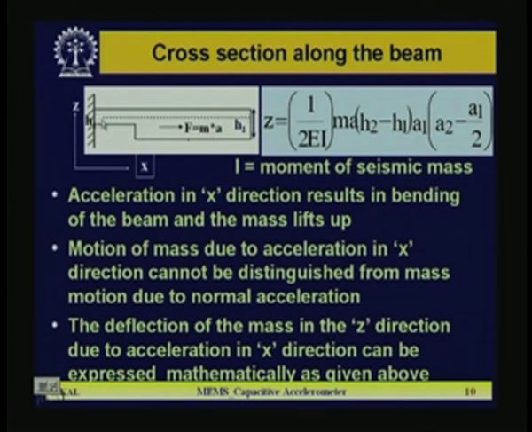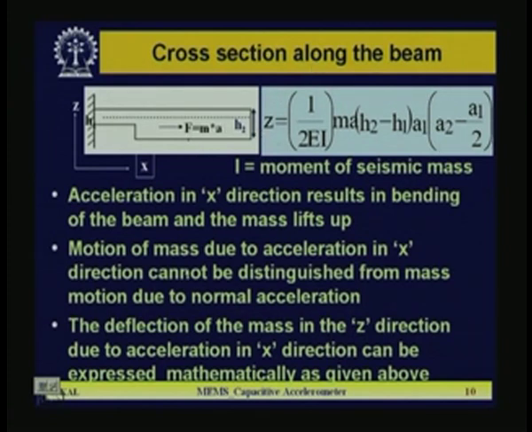H1 is the flexure thickness mentioned there, and H2 is the probe mass thickness, which is basically the wafer thickness, and F equal to mass into acceleration is a force, and I is the moment of the seismic mass. So in terms of the moment of the seismic mass, the displacement along Z axis of that probe mass is given by this relation.